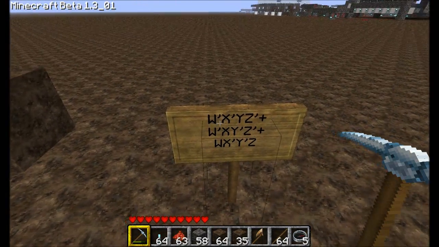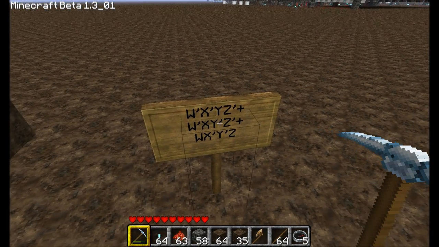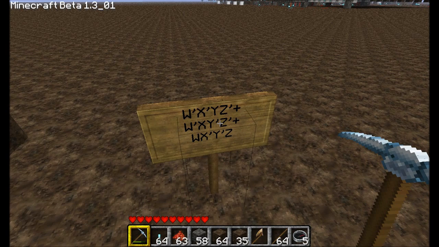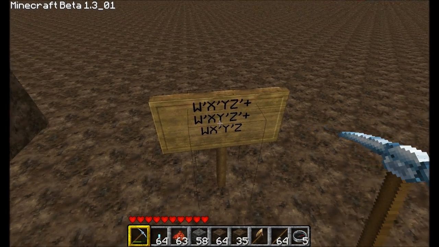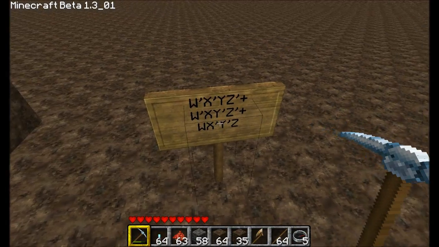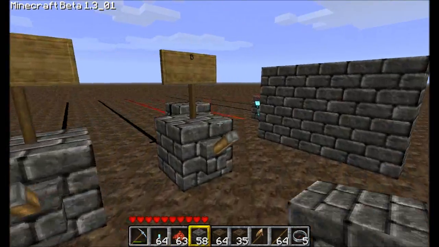So this number here is 0, 0, 1, 0. That's number 2 in the truth table. This one is 0, 1, 0, 0, which is 4 in the truth table. And the next one is 9 in the truth table, because it's 1, 0, 0, 1. So, ignore that if you're not following Wikipedia.